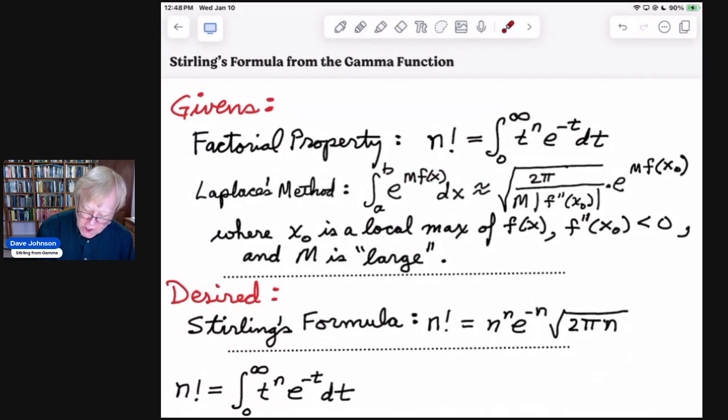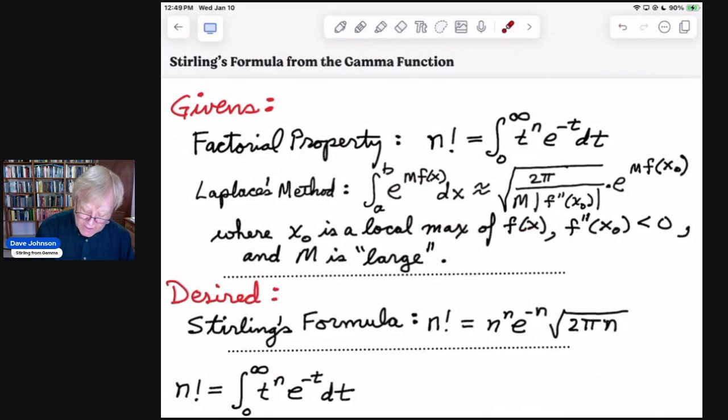And that approximation became the square root of 2 pi over m times the absolute value of the second derivative of f evaluated at x naught, times e raised to our large number m times the original function f evaluated at x naught, where x naught is the local maximum of f.